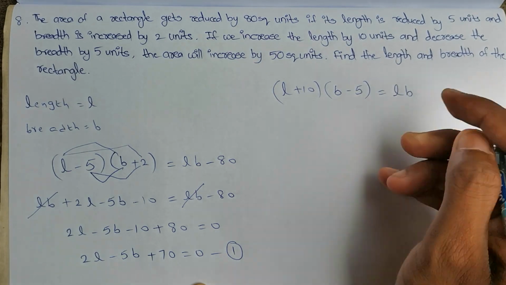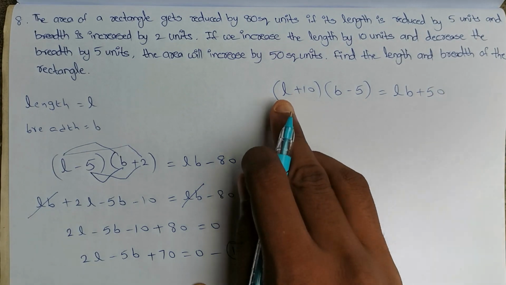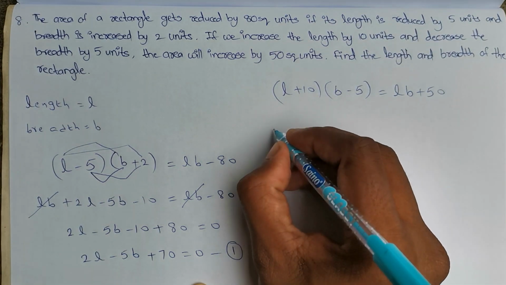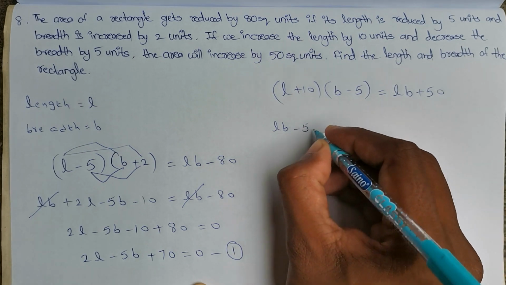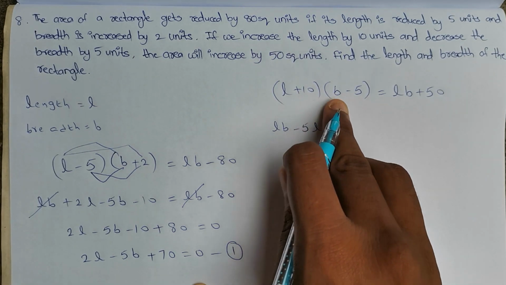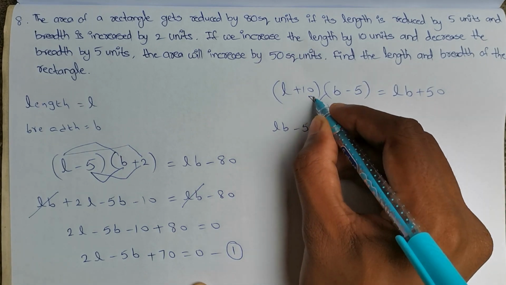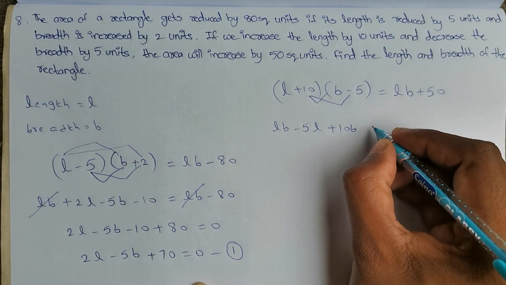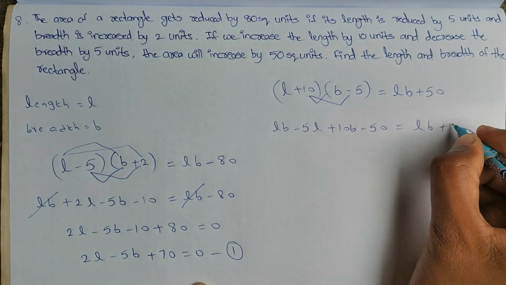Original area is LB, now it is increasing plus 50. First one into first one, L into B, LB. First one into second one, L into minus 5, minus 5L. Second one into first one, 10 into B, 10B. Second one into second one, plus 10 into minus 5, minus 50 is equals to LB plus 50.